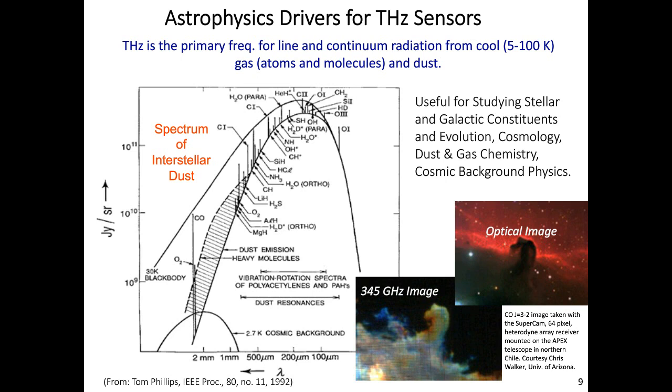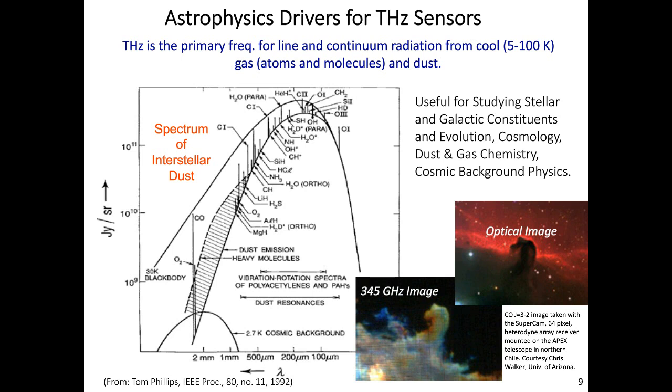The upper right curve of the Horsehead Nebula there shows you the traditional optical image that we're all familiar with if you have any background in astronomy, and the curve or the chart right below at 345 gigahertz just shows you that in this frequency range, in the terahertz range, we're actually measuring the dust itself and not the glow from the stars that are sort of reflecting off the dust that you get in the optical image. So you really can analyze the gas and dust regions very, very well using this spectral regime.